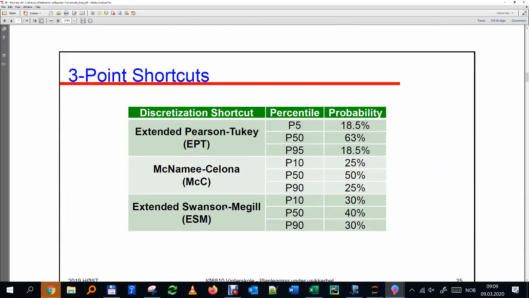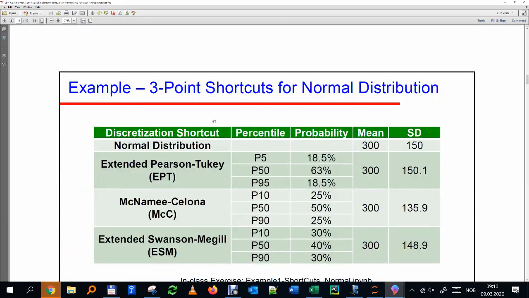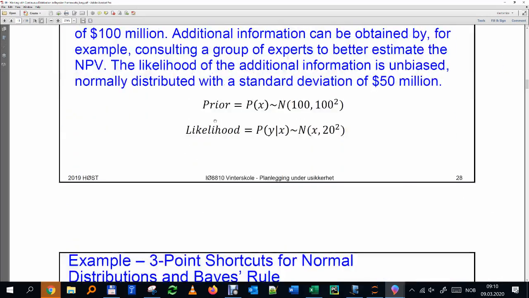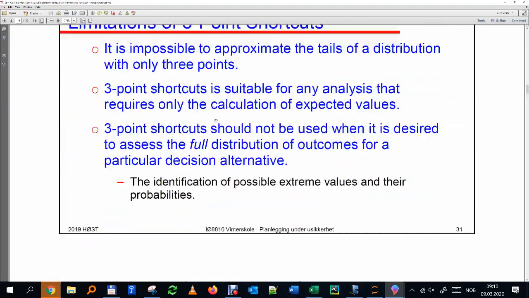So if you use these methods, simply you take the P5, P50, P95, and that is fixed, the probability you used. But if you use the McNamee-Celona, then you have another P50 and other percentages you use. Now if you want to use more than 3 points, that's an example.